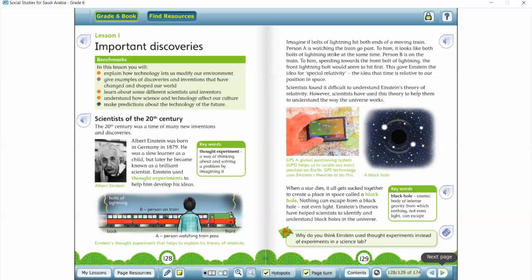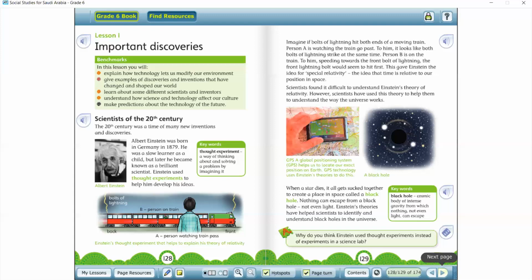So this scientist was very famous. He was a slow learner at school, but later he discovered he's a clever person. His thought experiment helps to explain his theory of relativity. So he was very clever to imagine things and also to come up with inventions and discoveries.